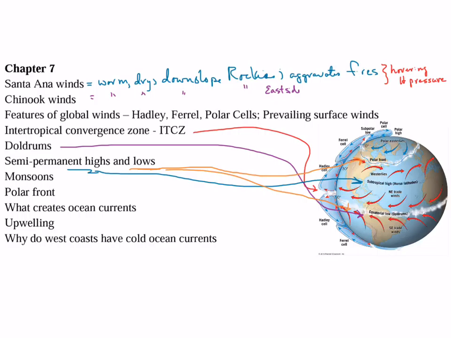Doldrums, don't forget doldrums. Where are doldrums? Doldrums are around the equator, and they are winds that are very slow. So if you're in a sailboat, you're not going anywhere. You're sitting. So it's like the intertropical convergence zone, the ITCZ.